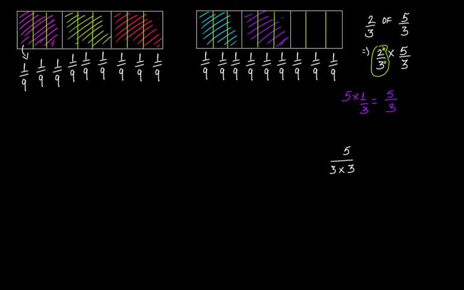Take out 2 such 1 by 9 from each part. That's what this 2 tells us. If from each part you are taking two 1 by 9, and you have a total of 5 such parts, how many 1 by 9 will you take out? You will take out 2 times 5.